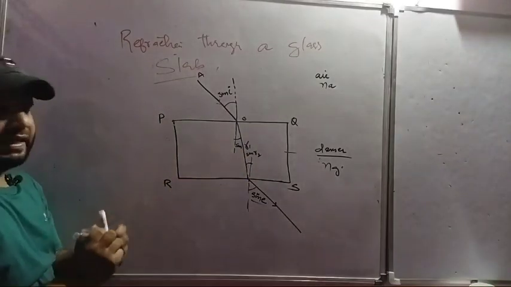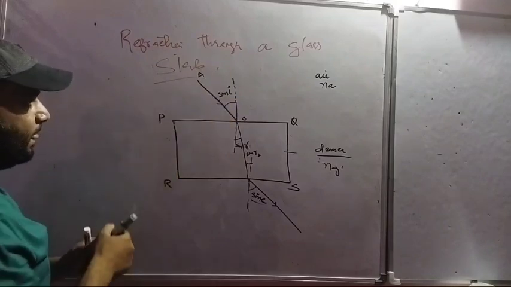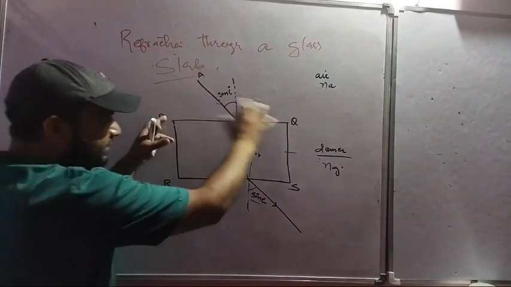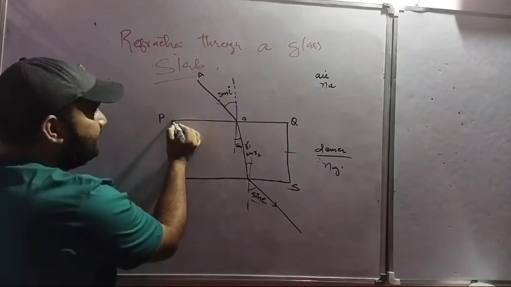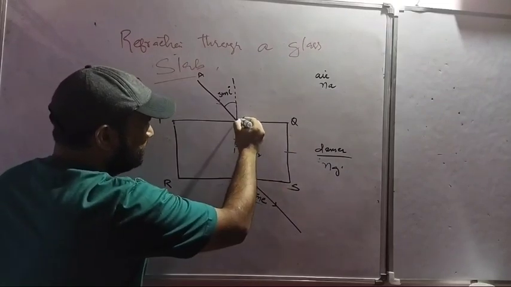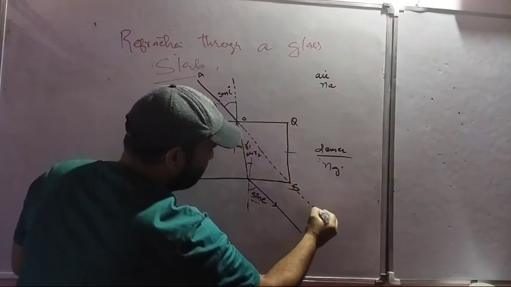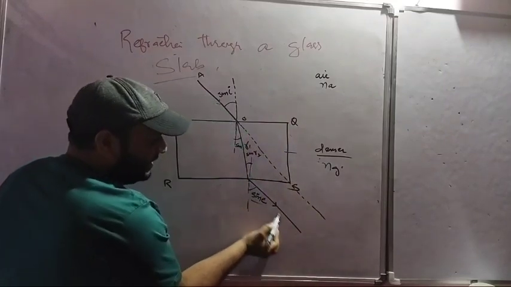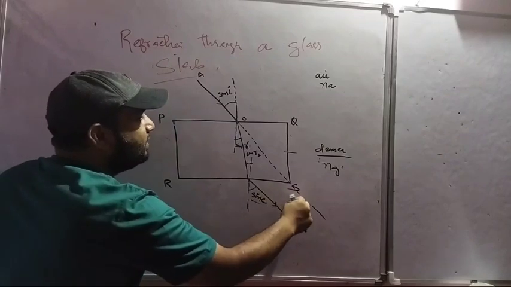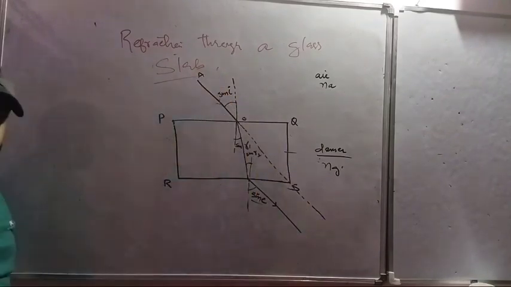अब आराम से देखिए आप. Now we have to calculate this. देखिए, since it is a rectangle, PQ is parallel to the RS. If you produce this line like this, yes. So emergent ray is parallel to the incident ray when produced.